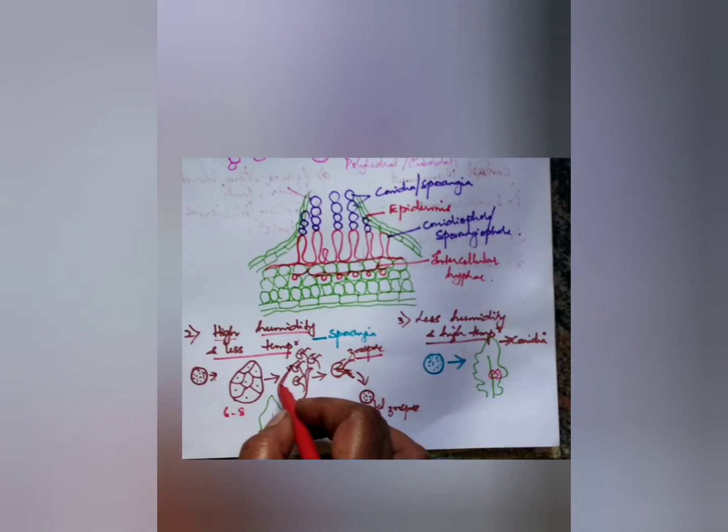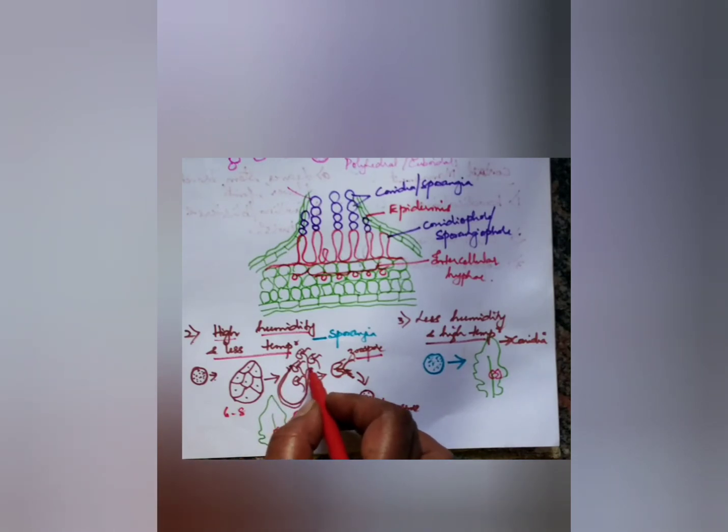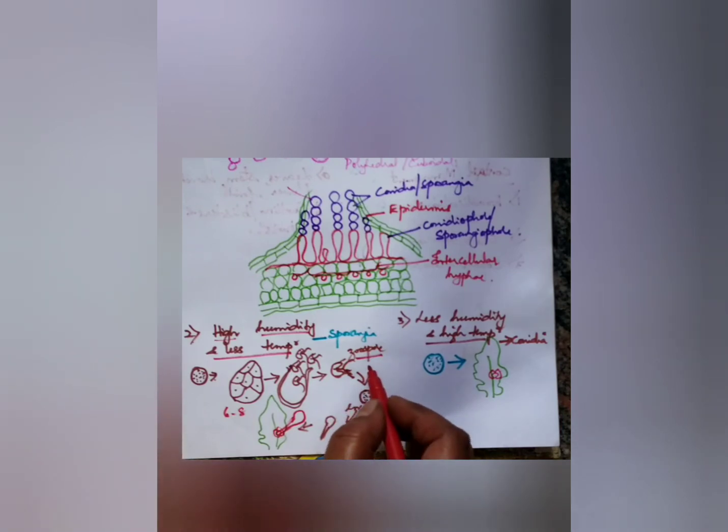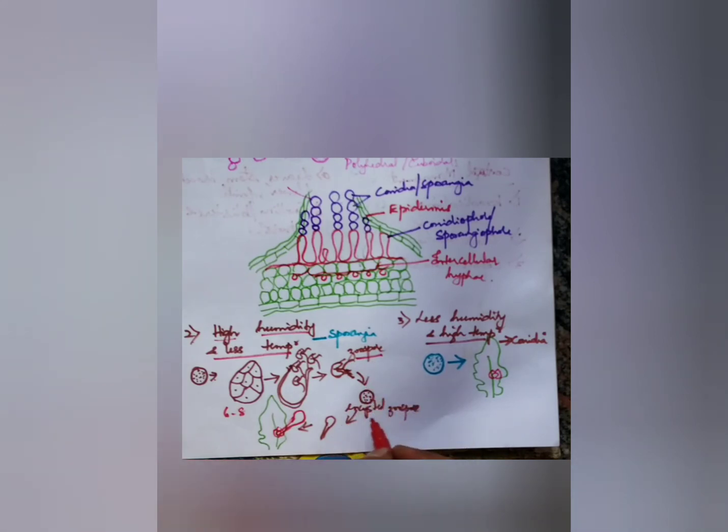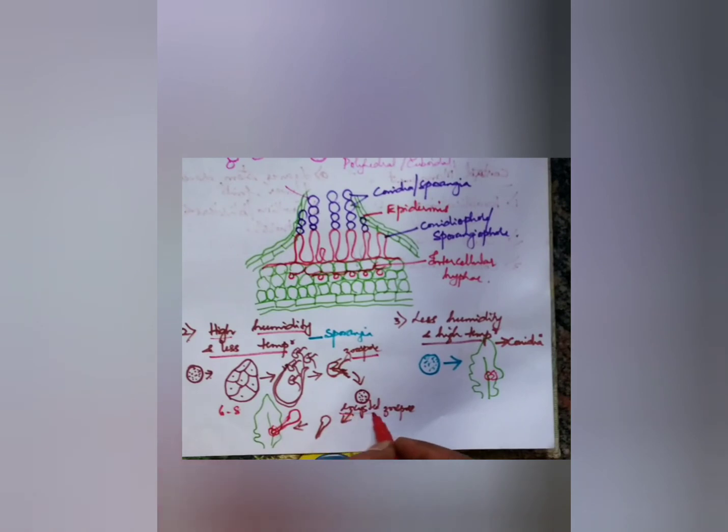Each bit gets metamorphosed into a kidney-shaped biflagellate zoospore. These zoospores swim for some time and then become encysted. Encysted zoospore means it takes rest for some time.